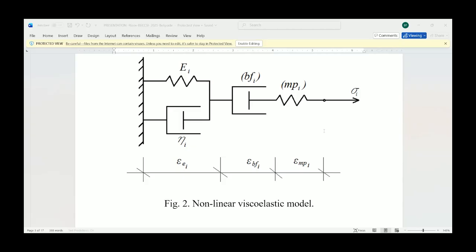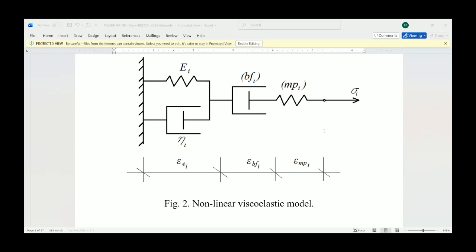The behavior of the dashpot and spring BFi and MPi is nonlinear. The stress sigma i applied on the viscoelastic model is constant.